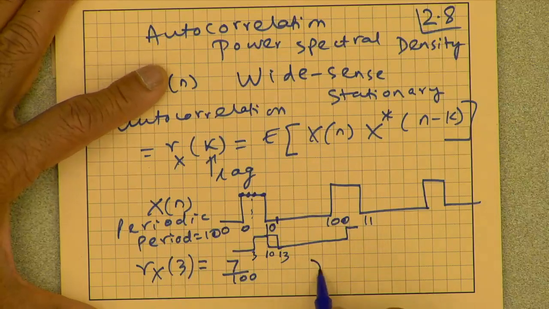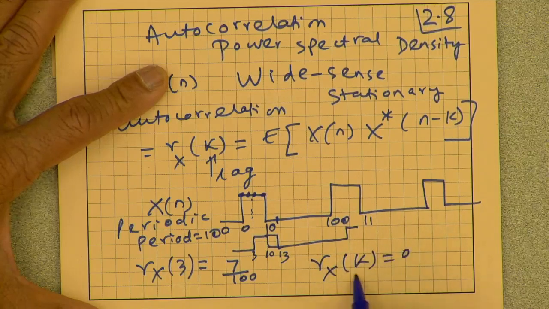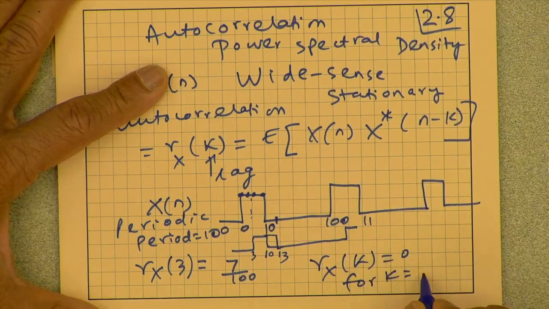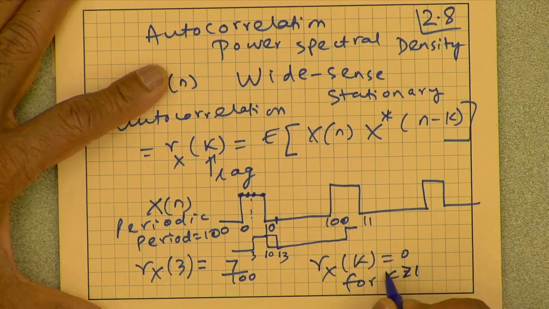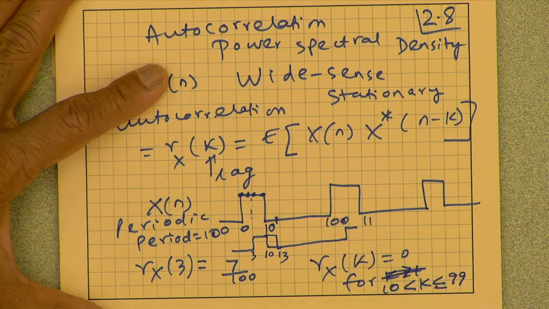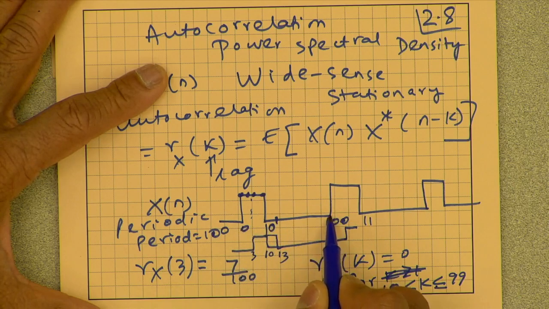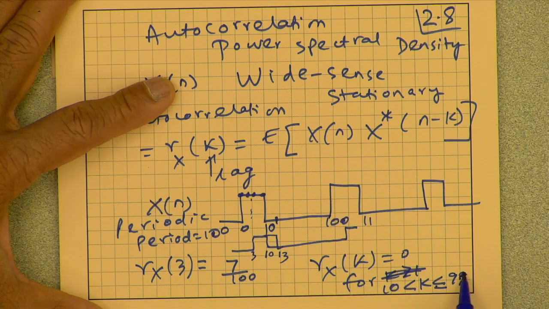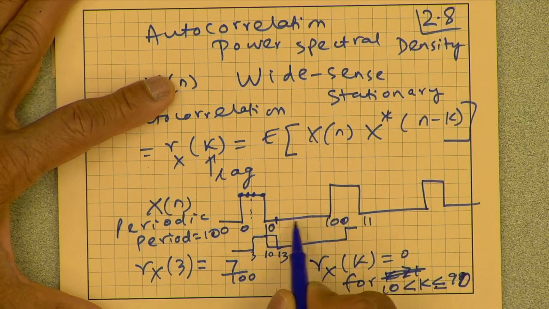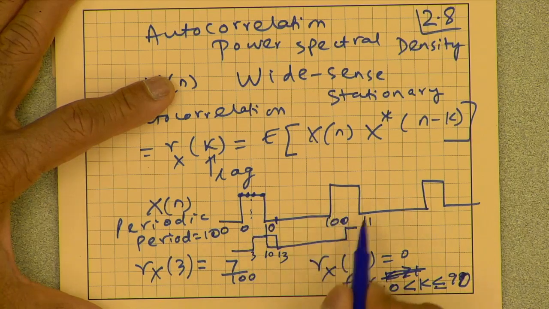And Rx will be 0 for k greater than 10. For k between 10 and 100, if I shift this by, maybe up to 90, 10 to 90, if I shift this by 91, then we will get non-zero, right?